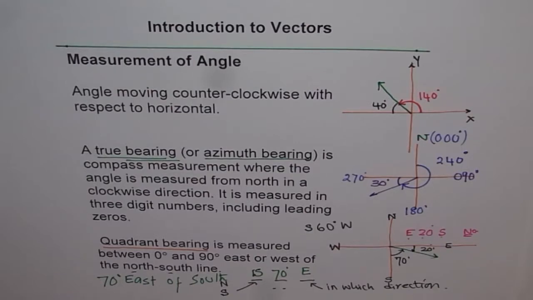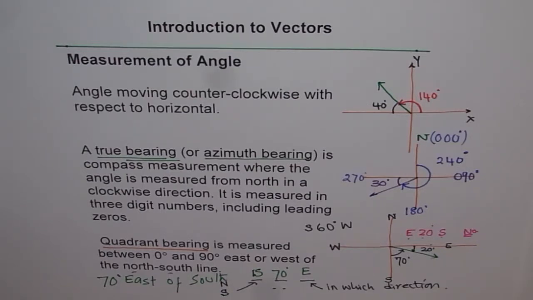So they don't really stick to the north-south line. At times, for convenience, we do write angles with the east-west line also, and that is not wrong. Quite a few books follow it, right? But when we write quadrant bearing or true bearing, then we are always measuring in true bearing from north. In quadrant bearing, it is the north-south line, so it could be of north or south, correct? That is how it is.